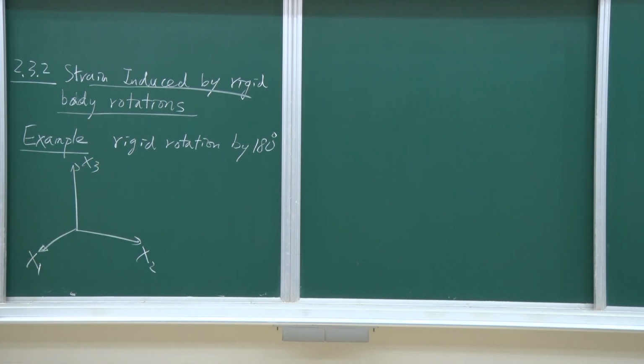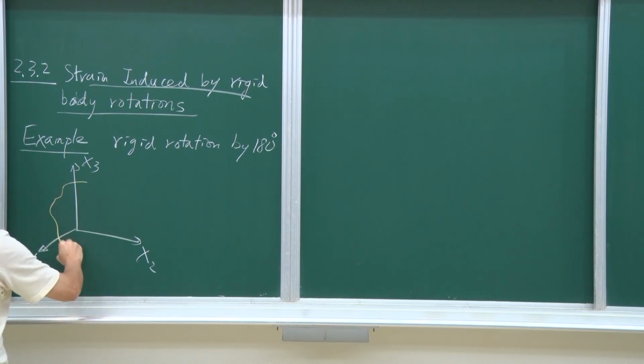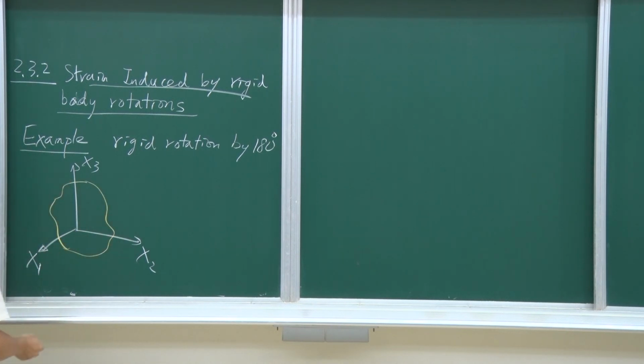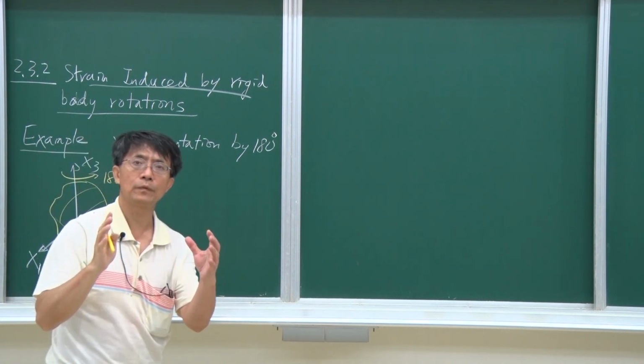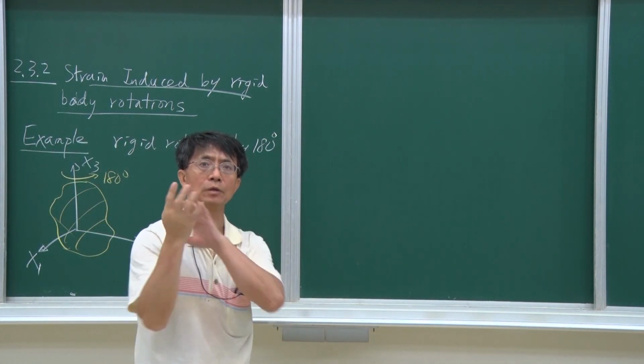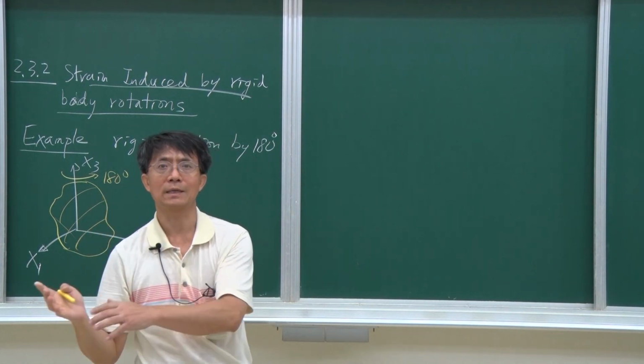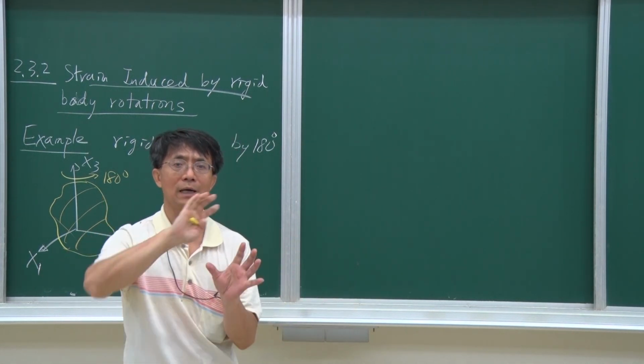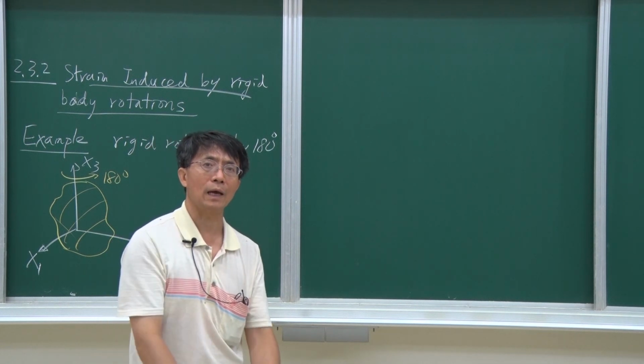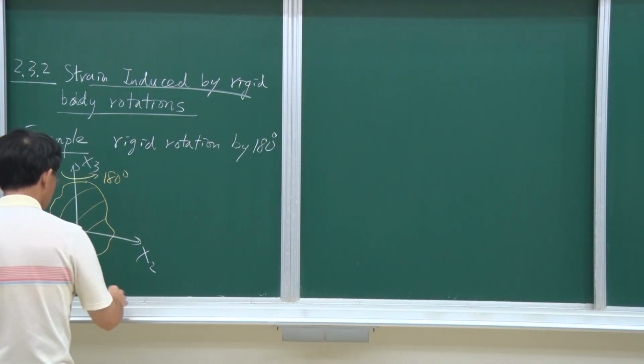We have a coordinate, and then, for example, we have a yellow body. Of course, it is a three-dimensional body. We rotate it 180 degrees, turn it from the front side to the back side, right side to the left side. Rotate it 180 degrees. What happened?